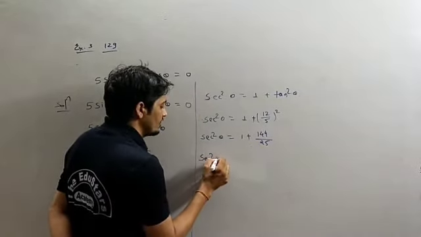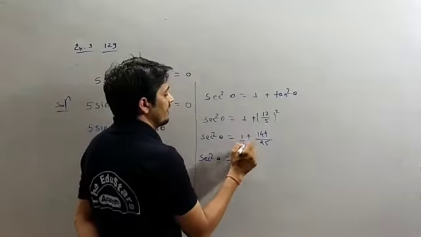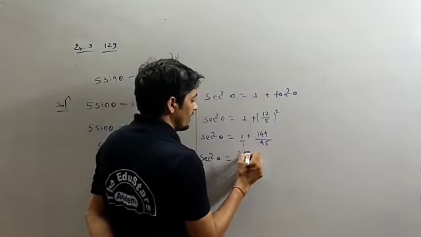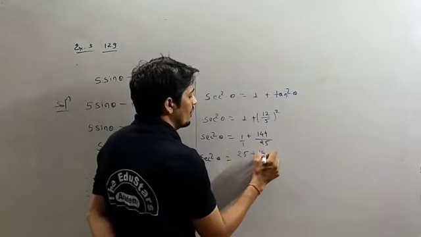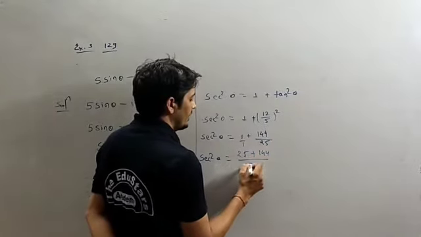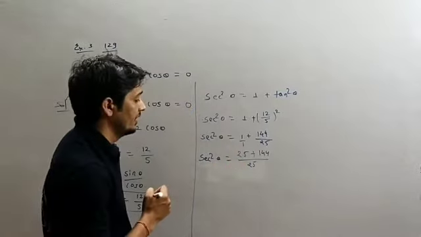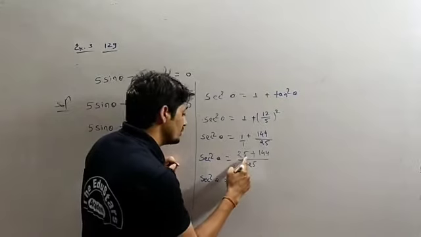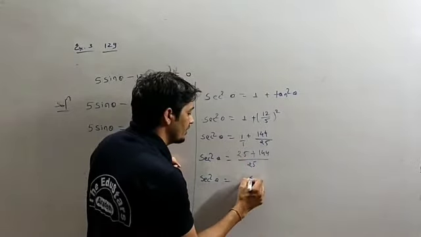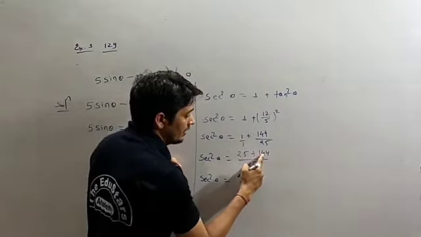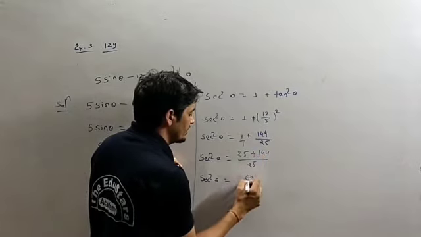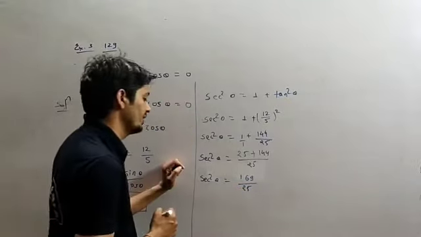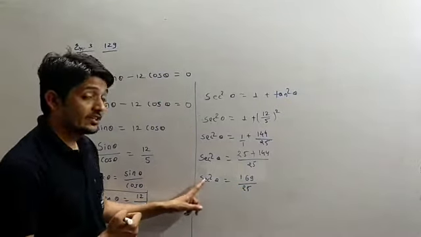Taking the common denominator, 25 plus 144 divided by 25. Adding, we get sec square theta equals 169 divided by 25. So this is the value of sec square theta.